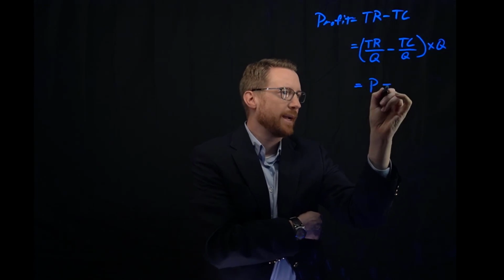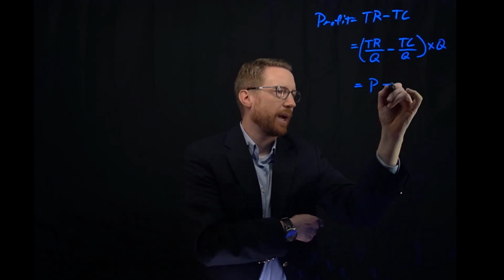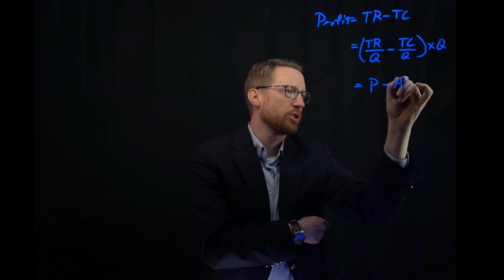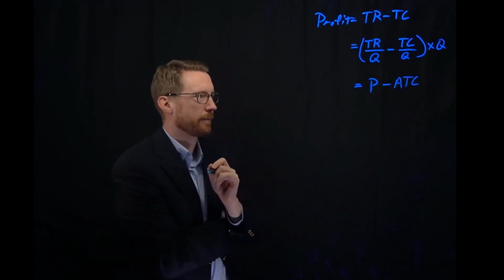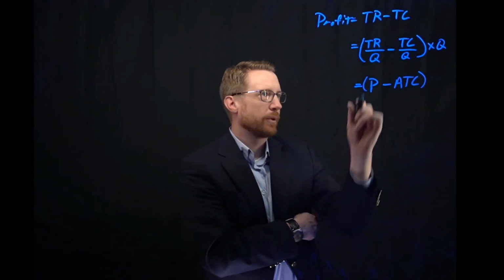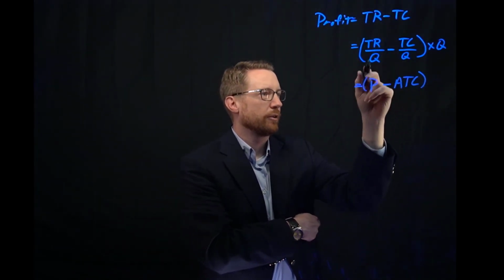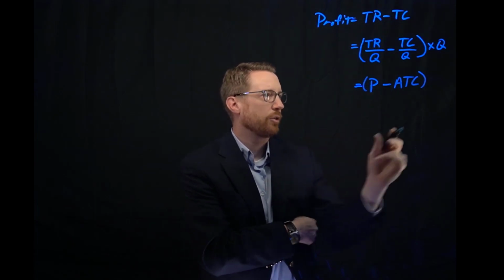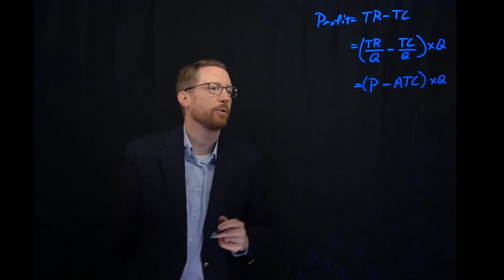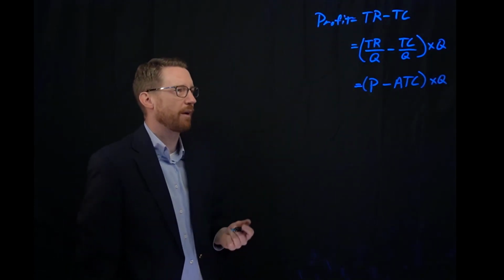That's our average total cost. So we're just translating these two terms into price and average total cost, and then we multiply by Q, and we're still good with that equaling profit.